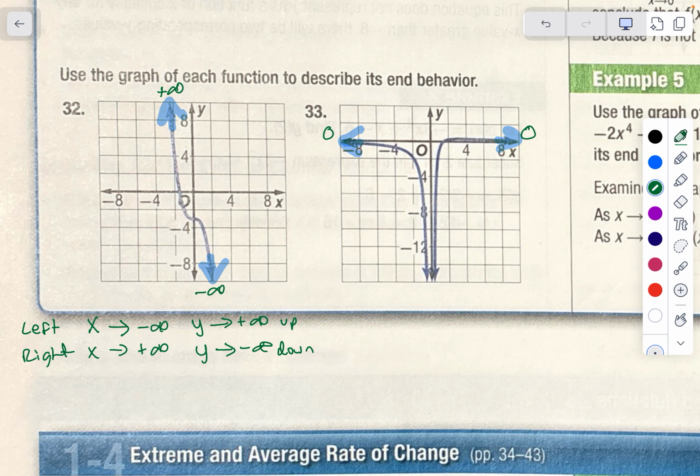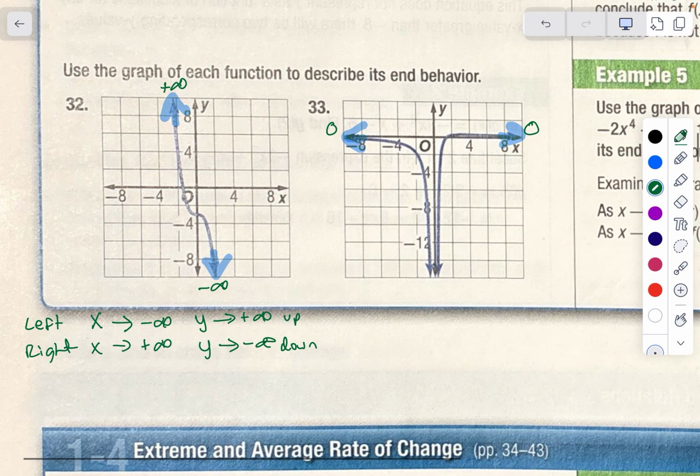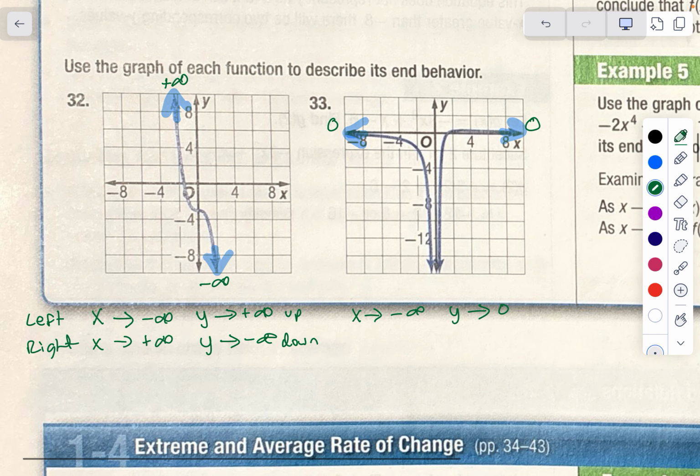Now 33 is just different because we're heading to not up or down, but heading to 0. So to the left, the y is going to a height of 0. To the right, the y is heading to a height of 0.